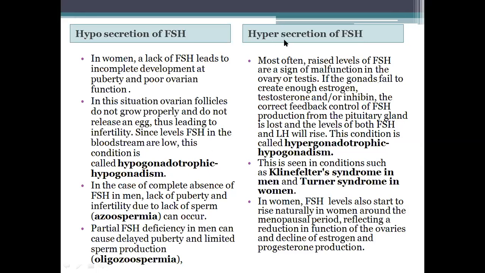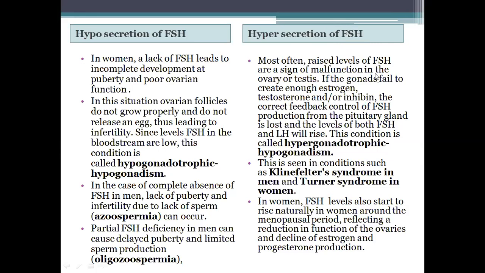Hypersecretion, again, has a series of fertility problems together termed as hypergonadotrophic hypogonadism. Under this condition, the FSH is produced in more and more amount, a very rare condition.